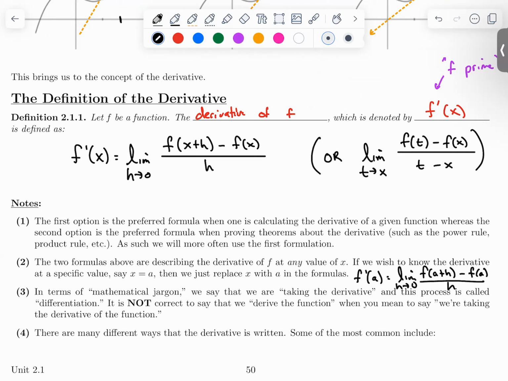We're using the function to find the derivative through a process called differentiation. So just so that you sound mathematical, you are taking the derivative of the function. You are differentiating the function. Is that okay? Just for terminology.